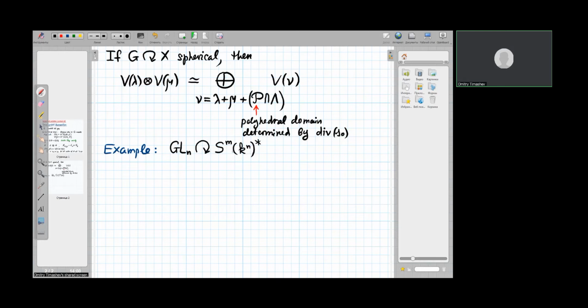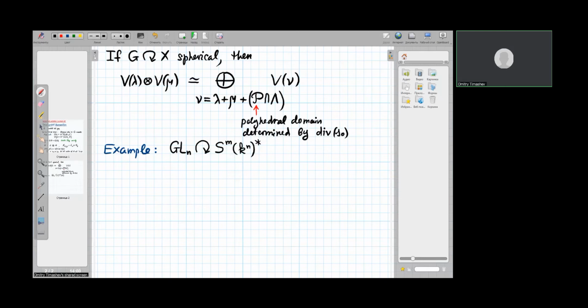In other words, this symmetric power of (K^n)* is just the space of homogeneous polynomials of degree m in coordinates on K^n, on which GL_n acts by linear transforms of variables.